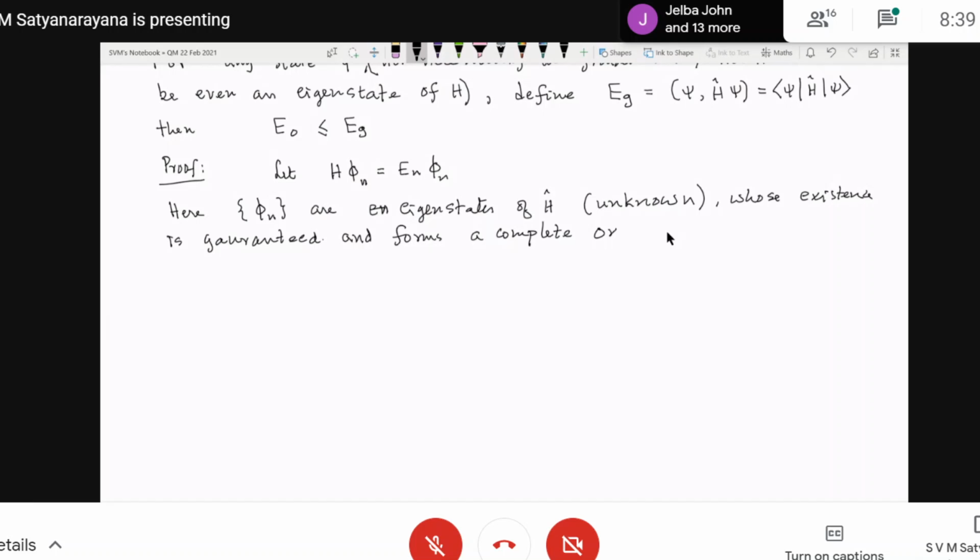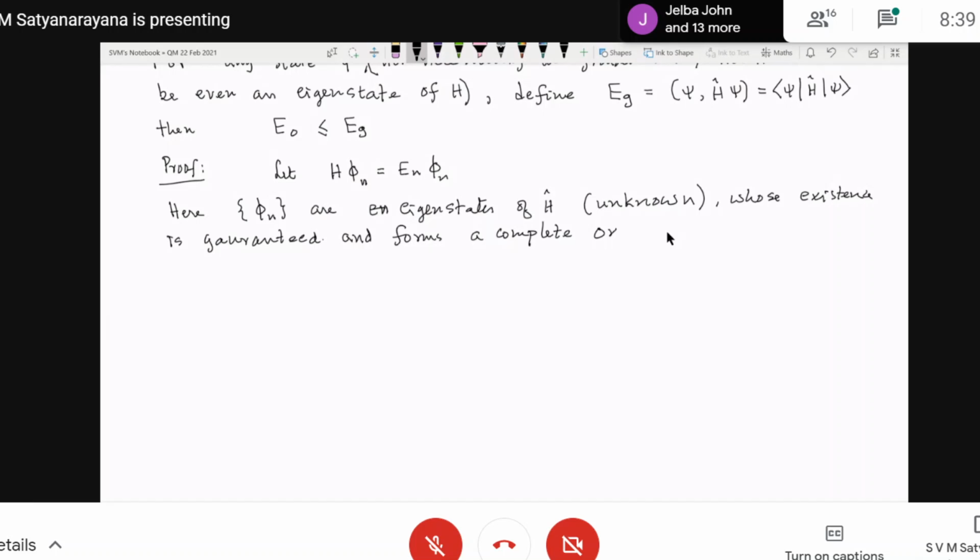So this is nothing but the sum over m of Cm star phi m into H into the sum over n of Cn phi n. Why am I writing m and n? Because these are two different functions: this is ket psi, and this is bra psi.